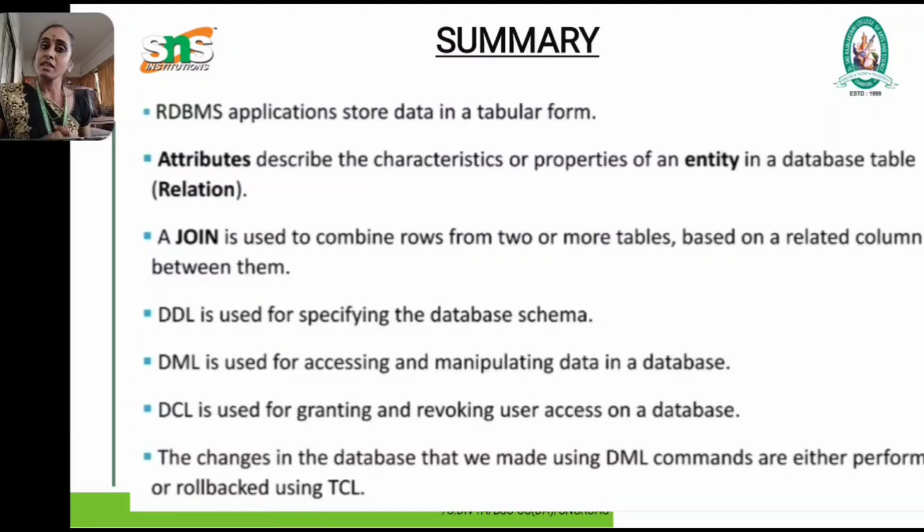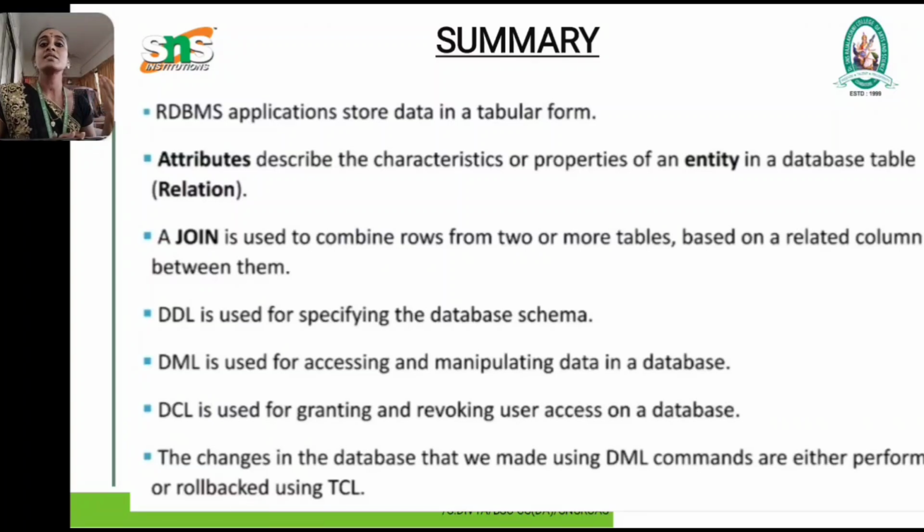Finally, the summary: normally an RDBMS application is used to store the data in a tabular form, that is a combination of rows and columns, to easily access the data. An attribute describes a particular property of the entity in a relational database. By the word join we can combine two or more different tables based on the related column between them.